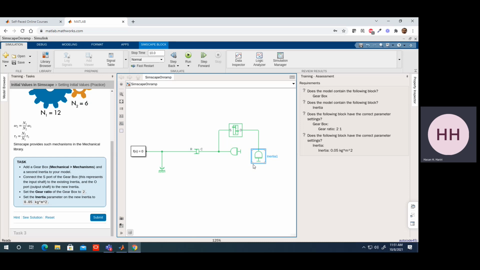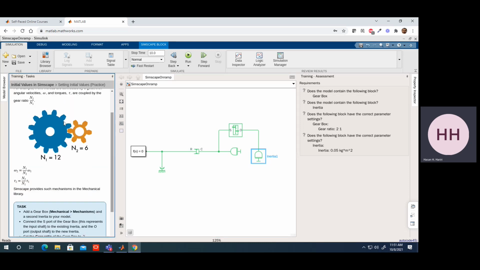And this makes sense, like here the S represents the input shaft. So assuming you have an input shaft connected to a gearbox, and the output shaft is connected to the second, N1 is connected to, so you have a shaft here.